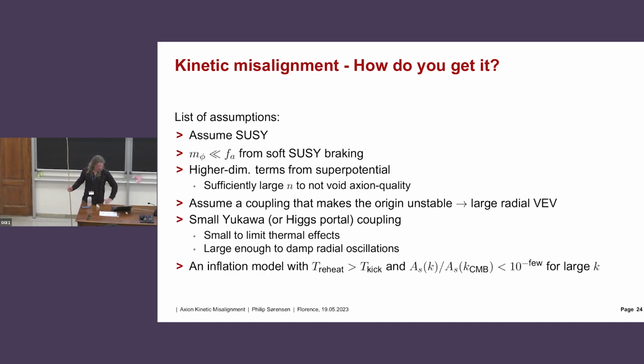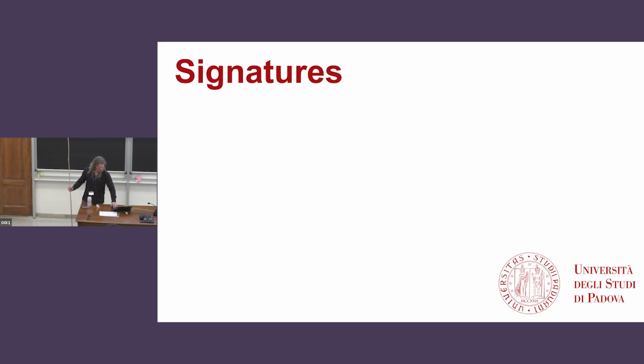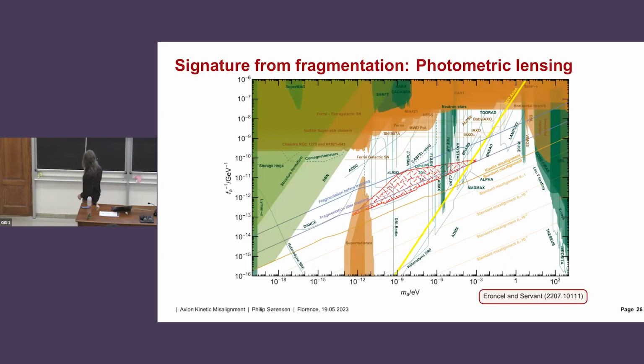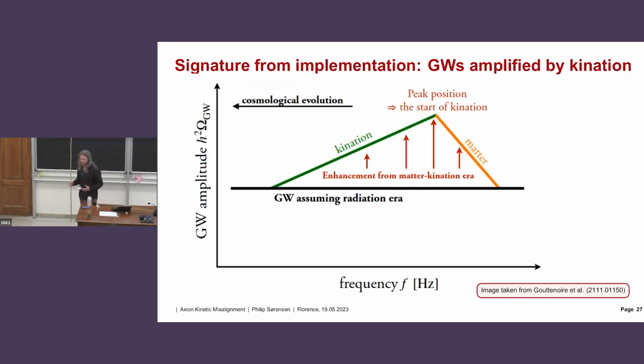Yeah, I wanted to also just point out some signatures. I already mentioned you can get some mini clusters. My collaborator Cem studied this, and in the region highlighted here, you could potentially have some parametric lensing signatures. This is directly from fragmentation. From the implementation, it's a little hard to see, but you can get an enhancement of the primordial spectrum of gravitational waves.